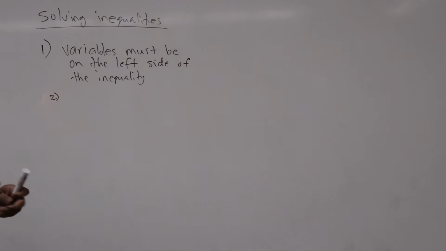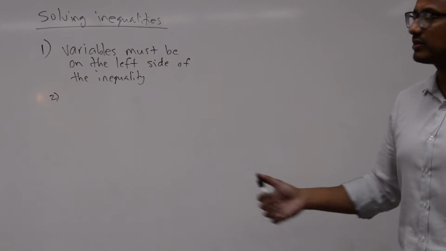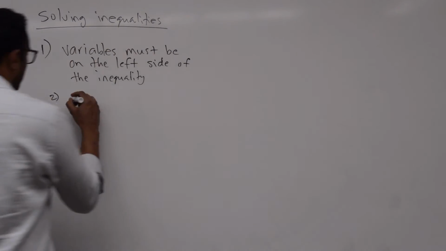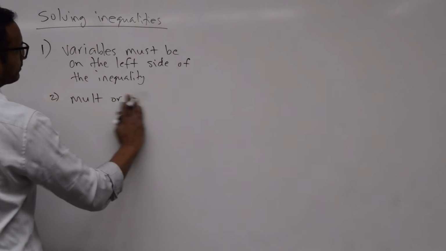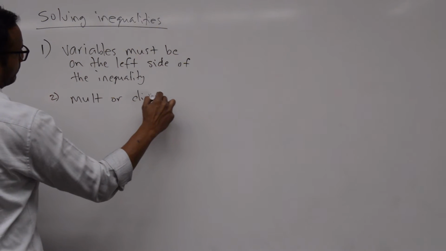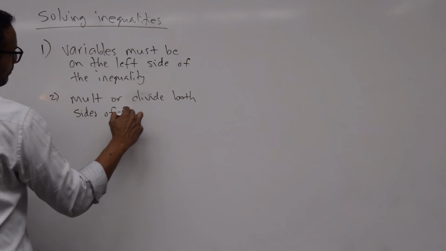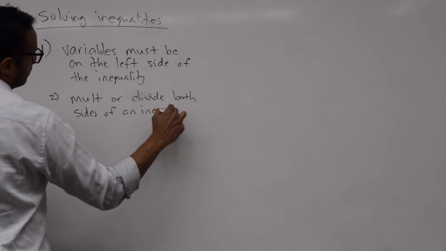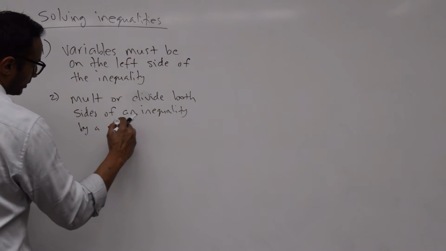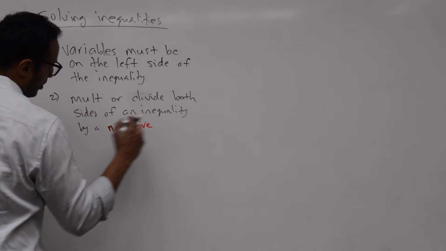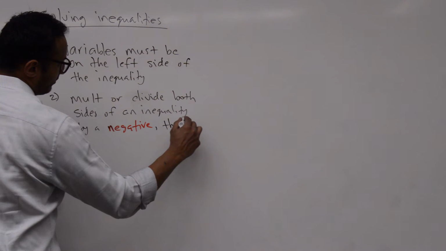The second main difference is that in an equation, if you divide by a negative, nothing happens. The equal sign stays an equal sign. But in inequalities, if you multiply or divide both sides of an inequality by a negative, and this is important, the inequality flips.